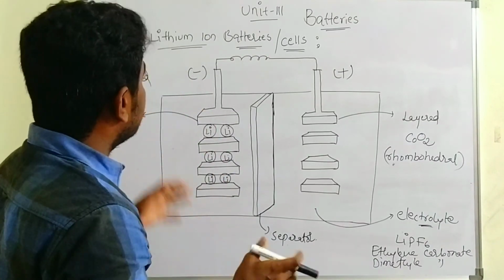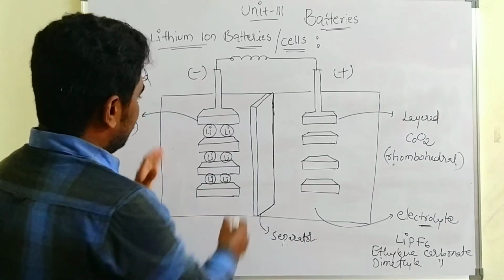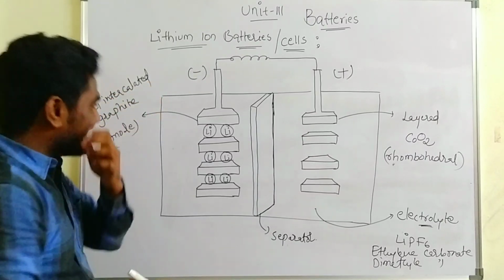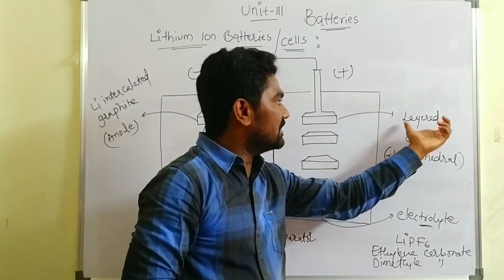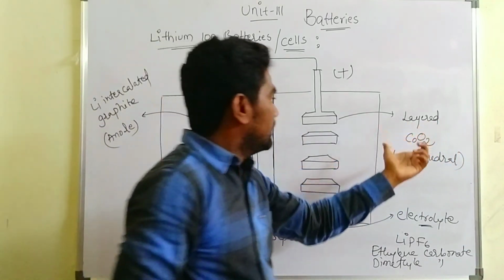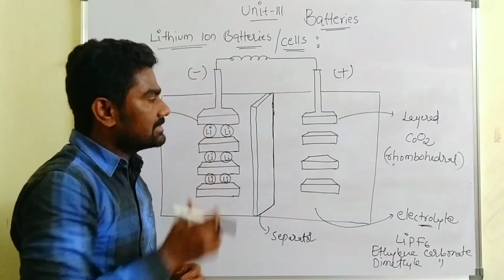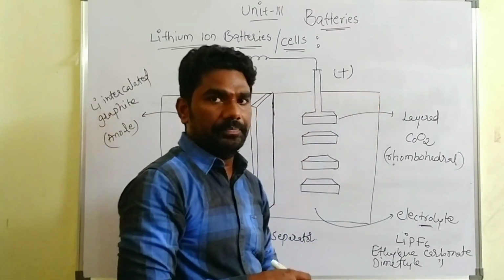If we see the structure of the lithium ion batteries here, we have the layer type of lithium intercalated graphite, which is acting as an anode, and on the right side we have the lithium layered type of cobalt oxide, rhombohedral shaped layered type of cobalt oxide, which is acting as the cathode electrode.